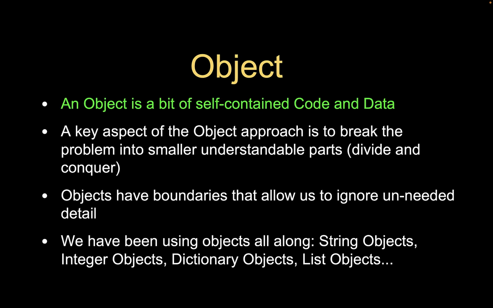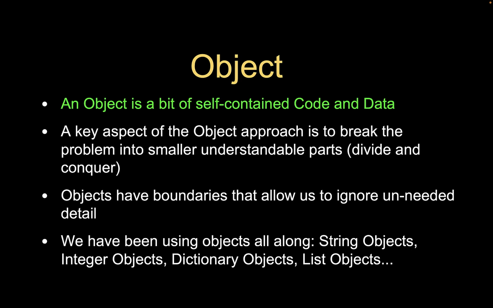So what's an object? When we say this, what's a programming object? Okay. So a programming object is a bit of self-contained code and data. A key aspect of the object-oriented approach is to break the problem into smaller, understandable parts.